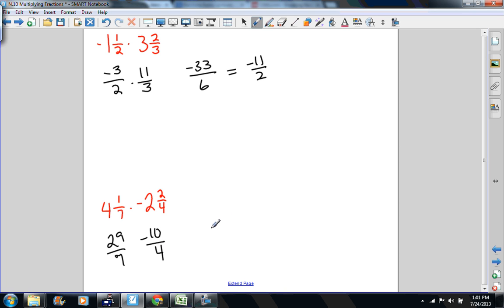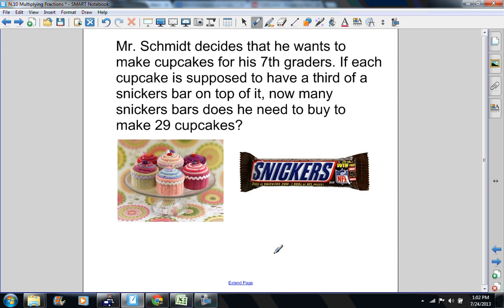So it becomes negative 290 over 28, negative 145 over 14. And that should be the final answer. All right, if you have questions on these, make sure you ask me.